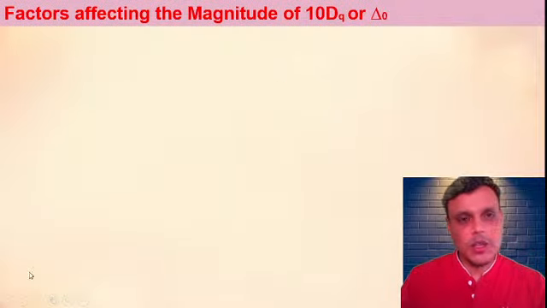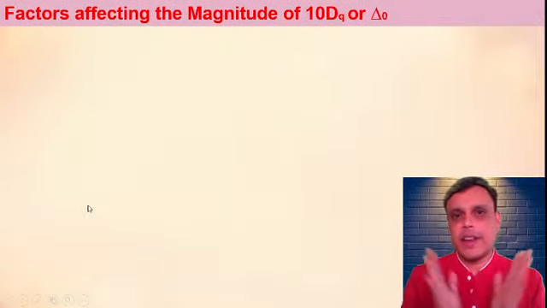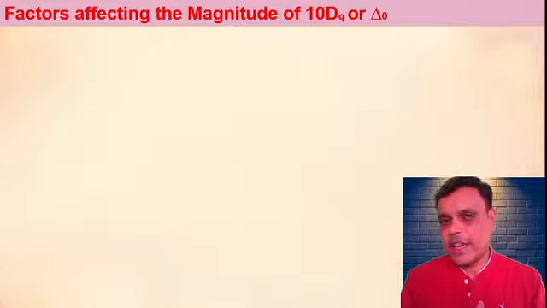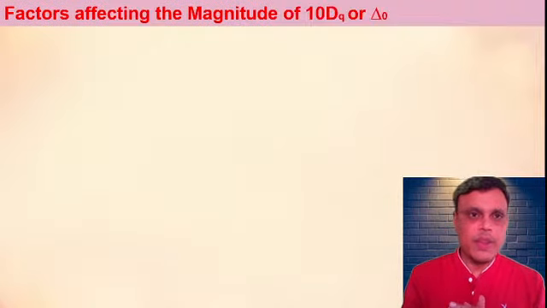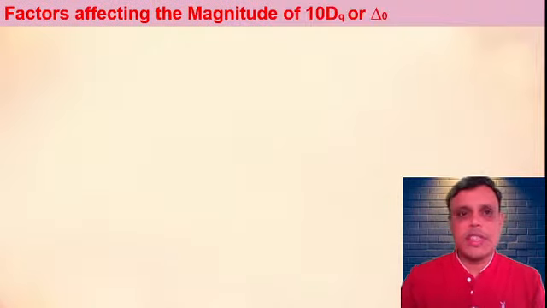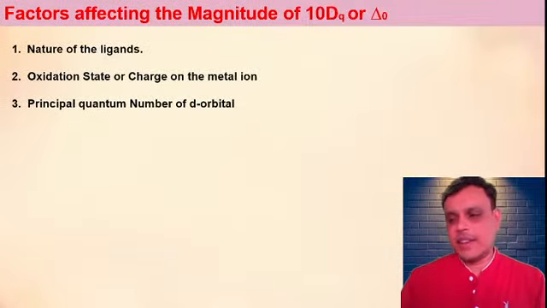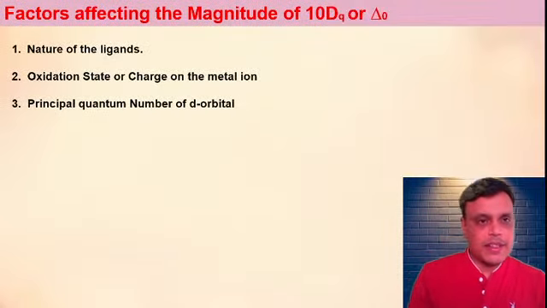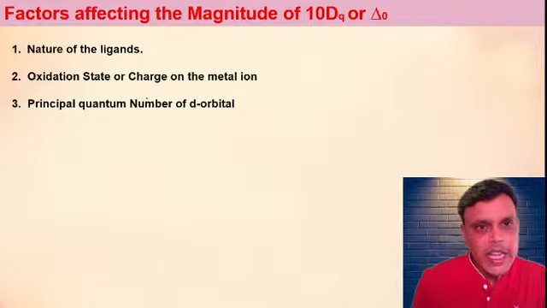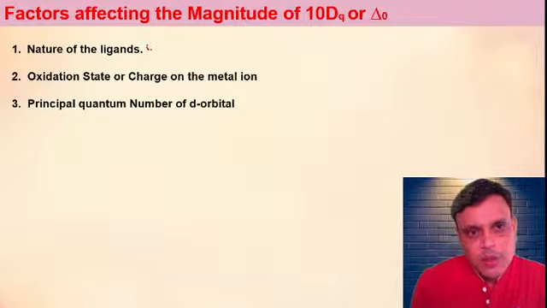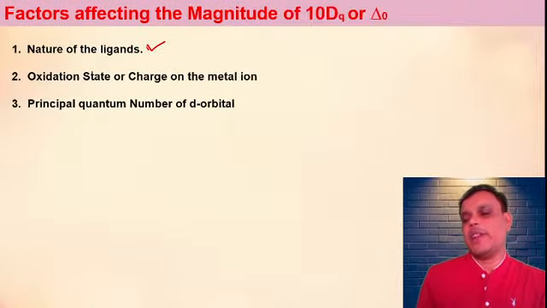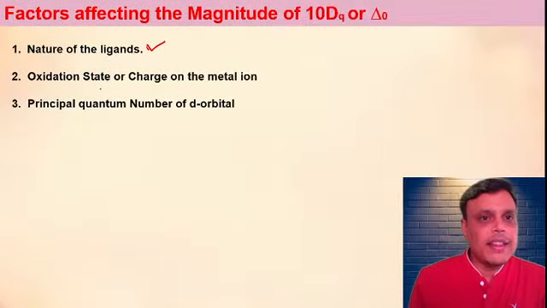Okay, let's go. Sir, the factors affecting the magnitude of 10 Dq or delta 0, we were seeing these, right? So which factors are there? There are 3 factors. These 3 factors are on your screen, have a look once. Nature of the ligands. This is the first factor which affects the magnitude of 10 Dq. Then oxidation state or charge on the metal.